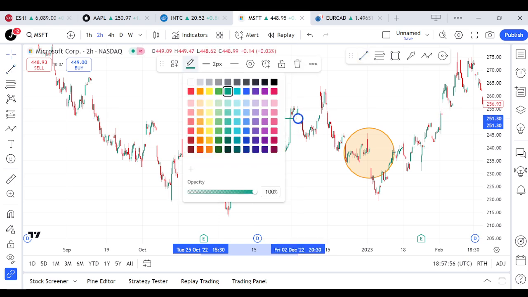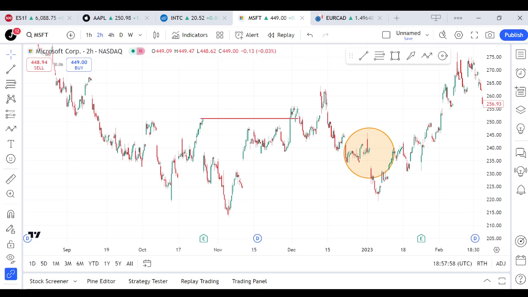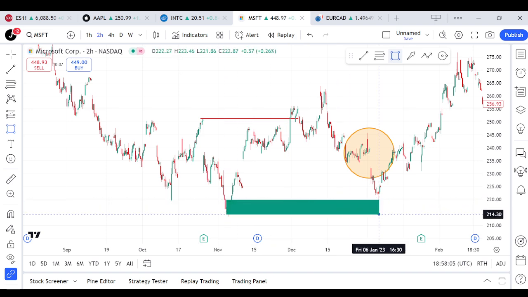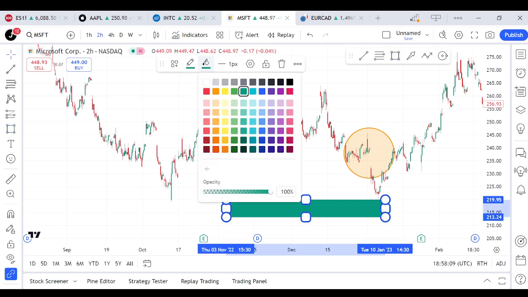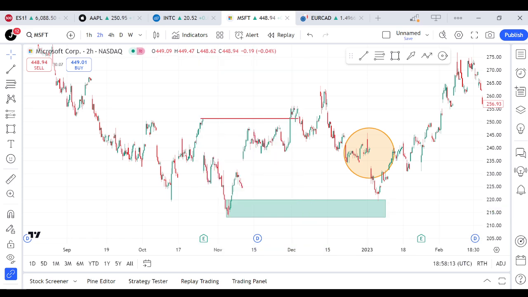I'm just gonna change the color to red, and we are looking for price to come back and tap into this support level right here, which is what we would have been expecting for this trade.